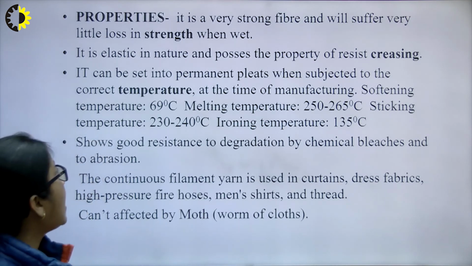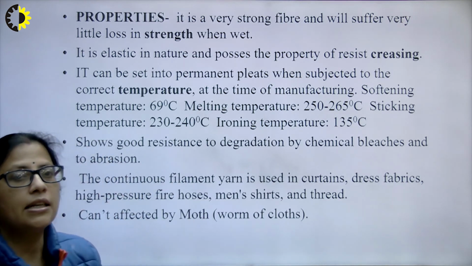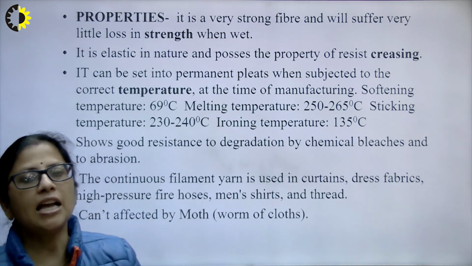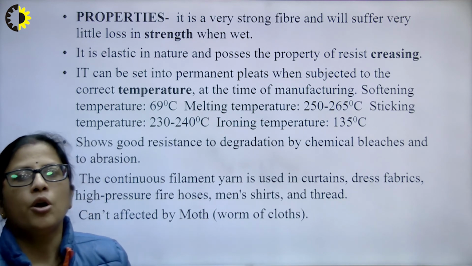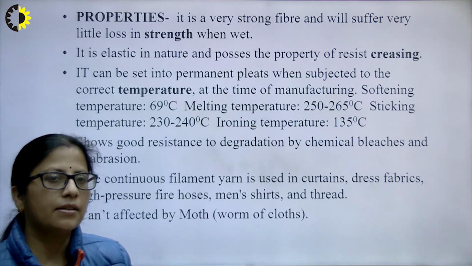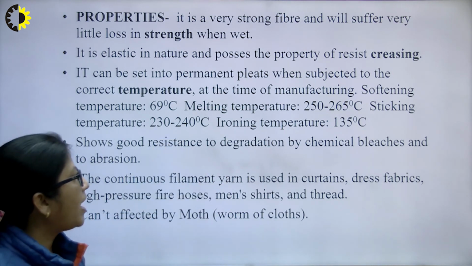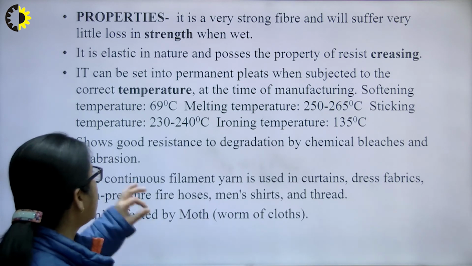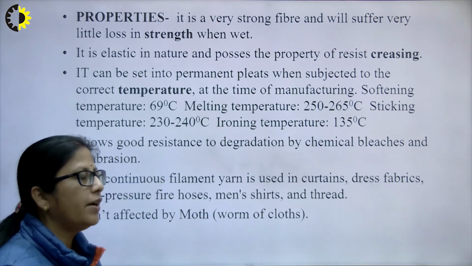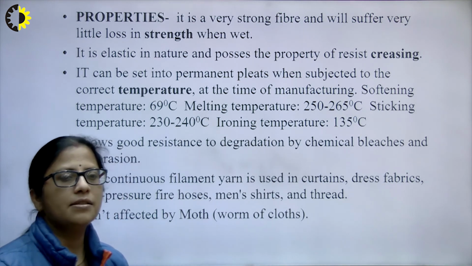Then it can be set into permanent pleats when subjected to the correct temperature. At the time of manufacturing, the softening temperature is 69 degrees centigrade, the melting temperature is 250 to 265 degrees centigrade, the sticking temperature is 230 to 240 degrees centigrade, whereas the ironing temperature is 135 degrees centigrade.